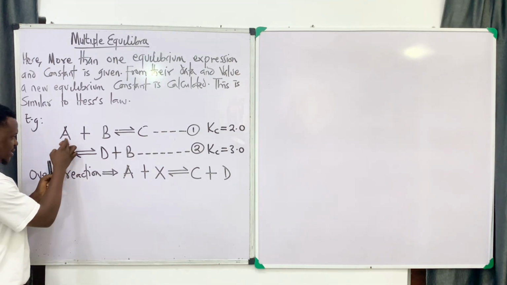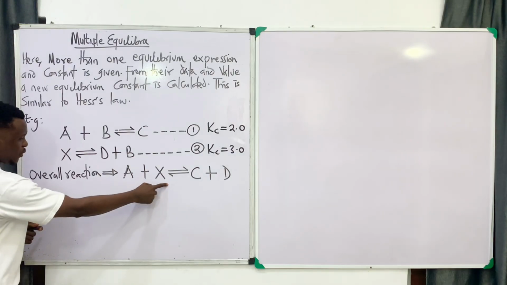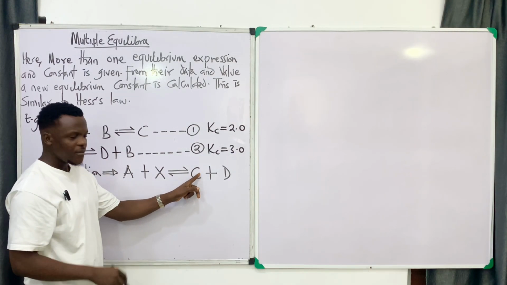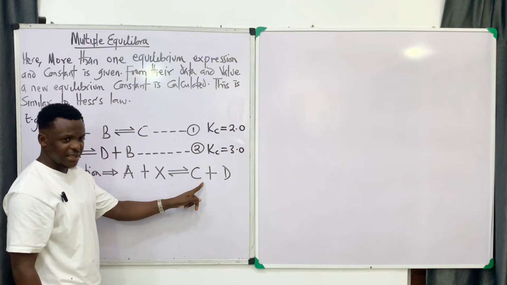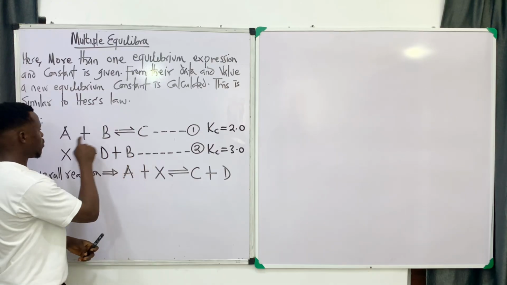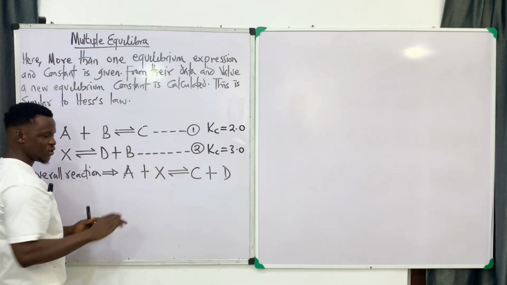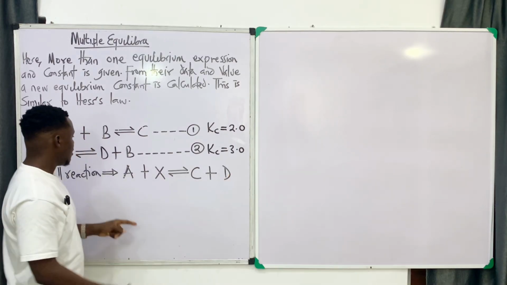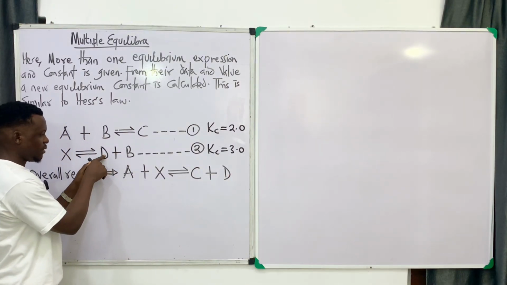The overall equation has C on the product side, and equation 1 has C on the product side, which is okay. The overall equation has D on the product side, and this one also has D on the product side.